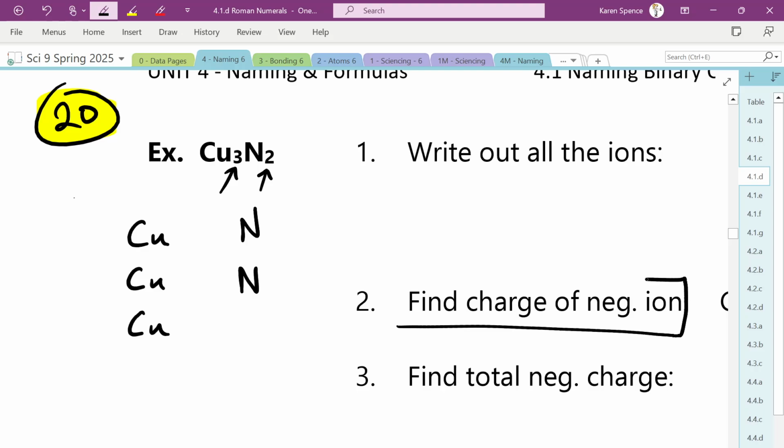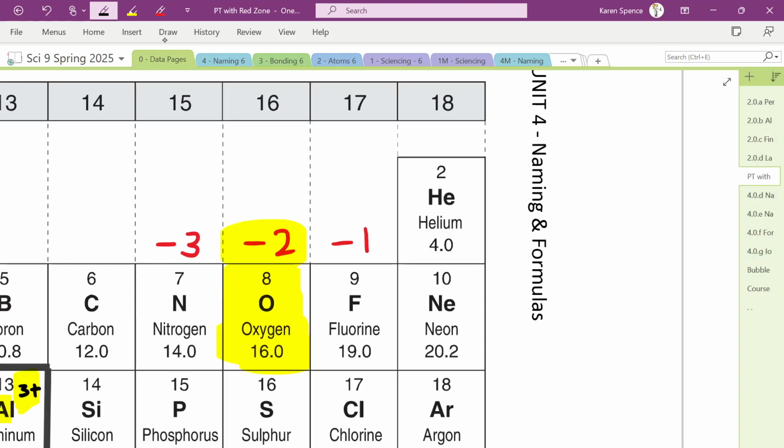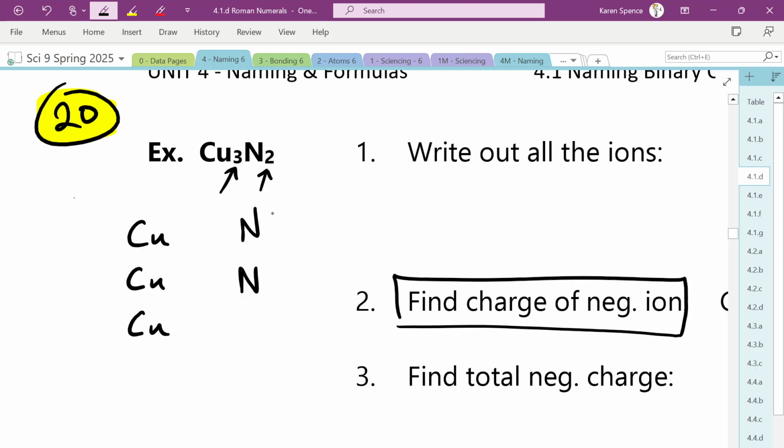Find the charge of the negative ion. Where will you look? Periodic table. N is -3. 3 negative, 3 negative.